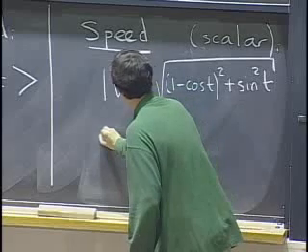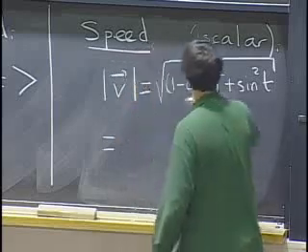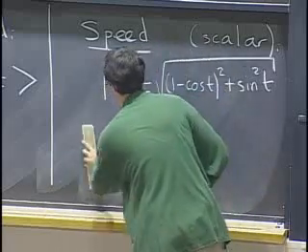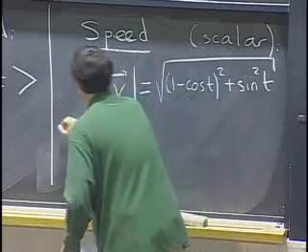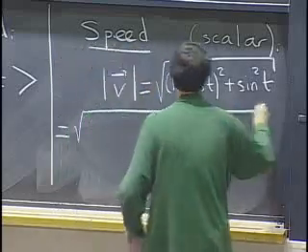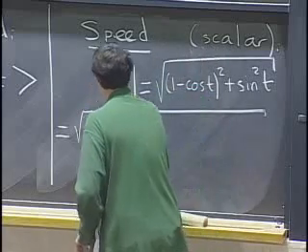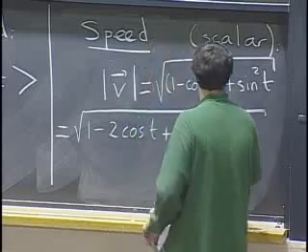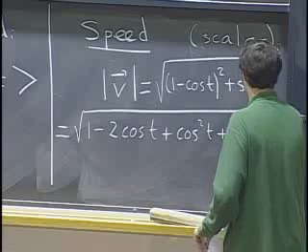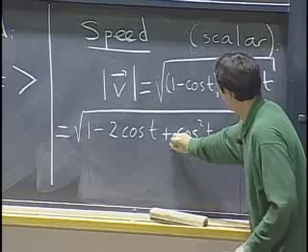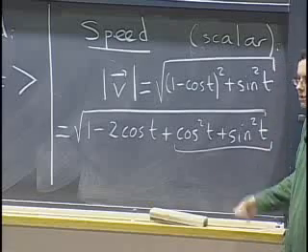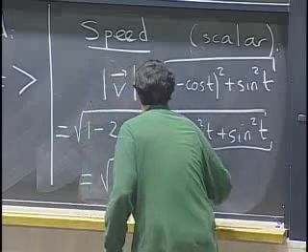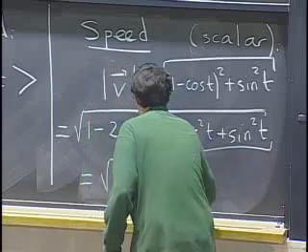And if you expand that, you will get the square root of 1 minus 2 cosine t plus cosine squared t plus sine squared t. That simplifies a little bit because cosine squared plus sine squared is 1. So it's going to be the square root of 2 minus 2 cosine t.